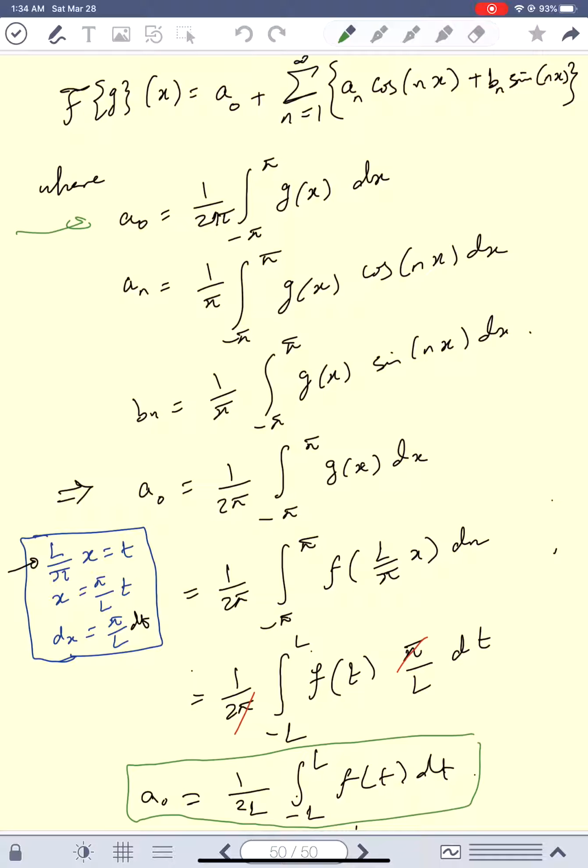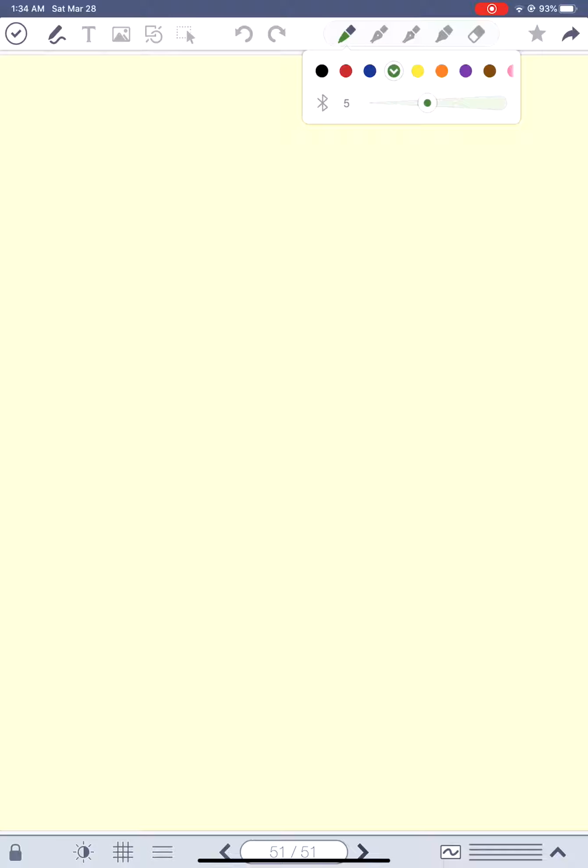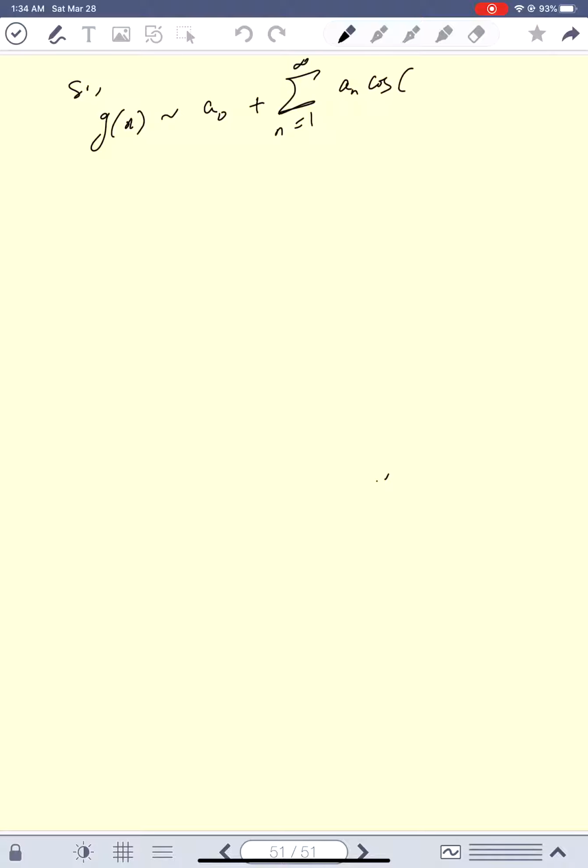Okay, so now the idea, when you look at g, this is the Fourier series. So it's like saying g of x is a naught plus the sum from 1 to infinity, an cosine nx plus bn sine nx, right? And please, this is like the first time I use this notation.